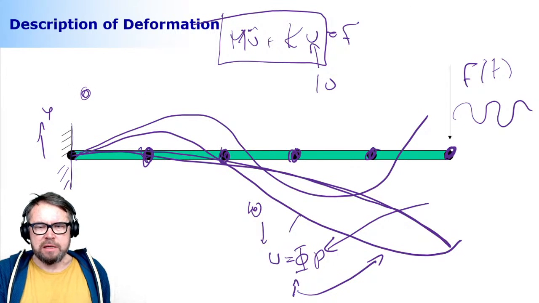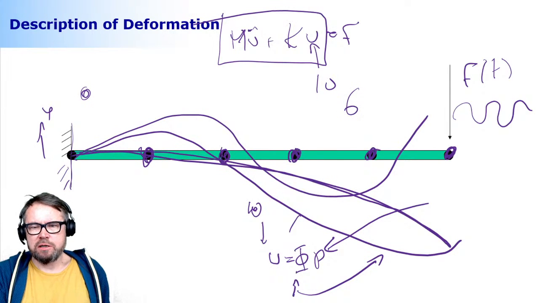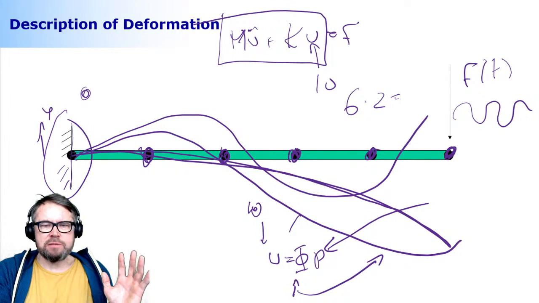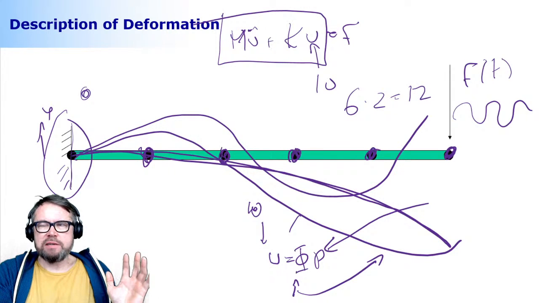So there's a system that consists of 6 nodes. Each of these nodes has 2 degrees of freedom. If there's no boundary condition, meaning you're neglecting this connection to ground, this structure can deform in 12 different ways.